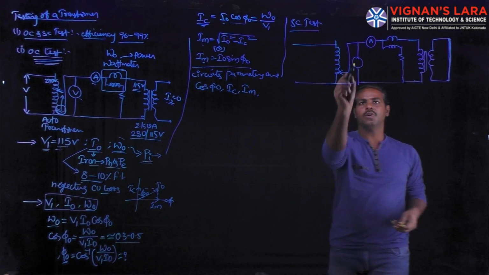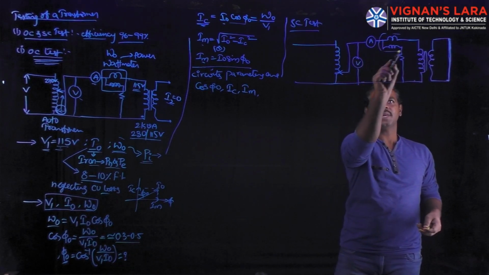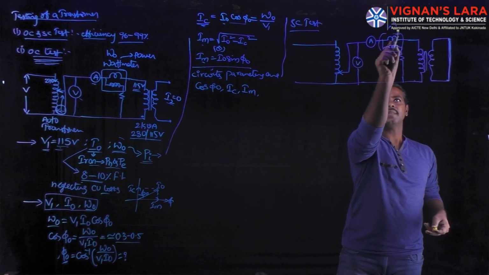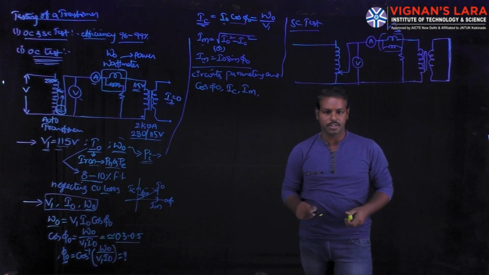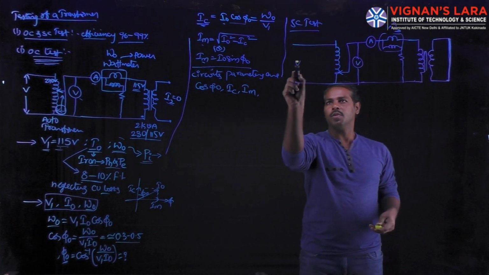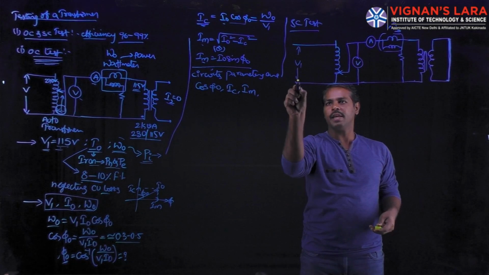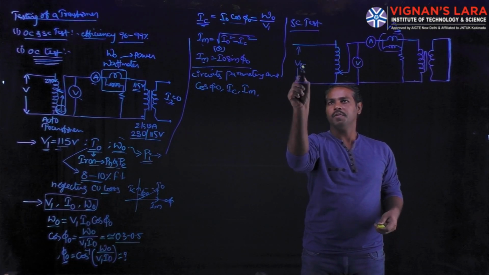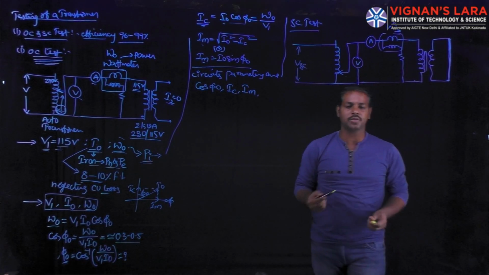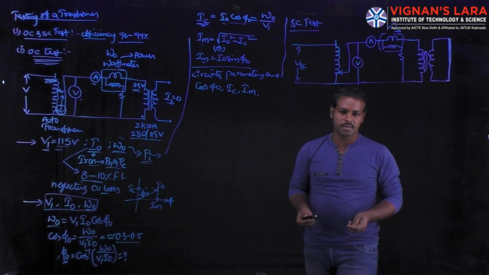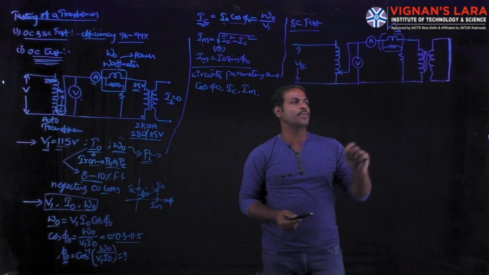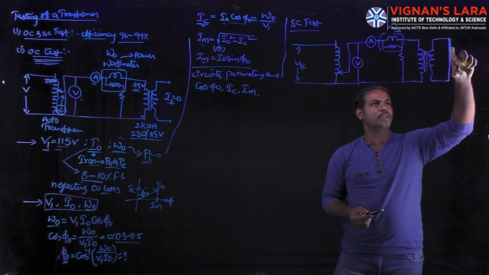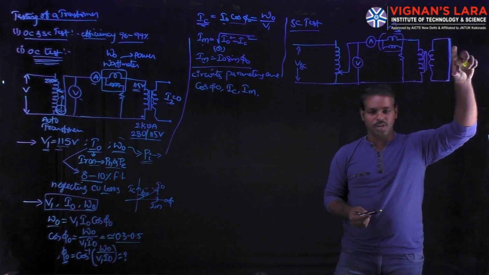Here the voltmeter and the wattmeter measure the short circuit power. The voltage given is VSC, the short circuited voltage. The secondary terminals of the transformer are short circuited.